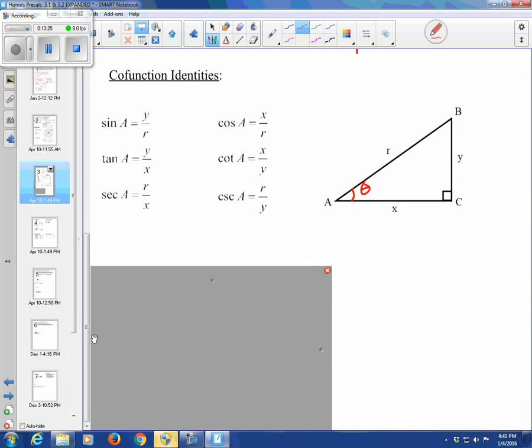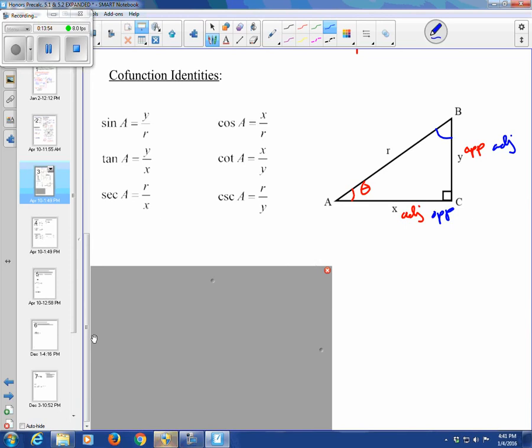When we look at our triangle from angle A, we can say that the y length is the opposite length, and that the x is the adjacent. And we know r is always going to be the hypotenuse because it's opposite the right angle. But what if we were to take B as our angle perspective? Well, then the y would change from opposite to adjacent, and the x would change from adjacent to opposite.